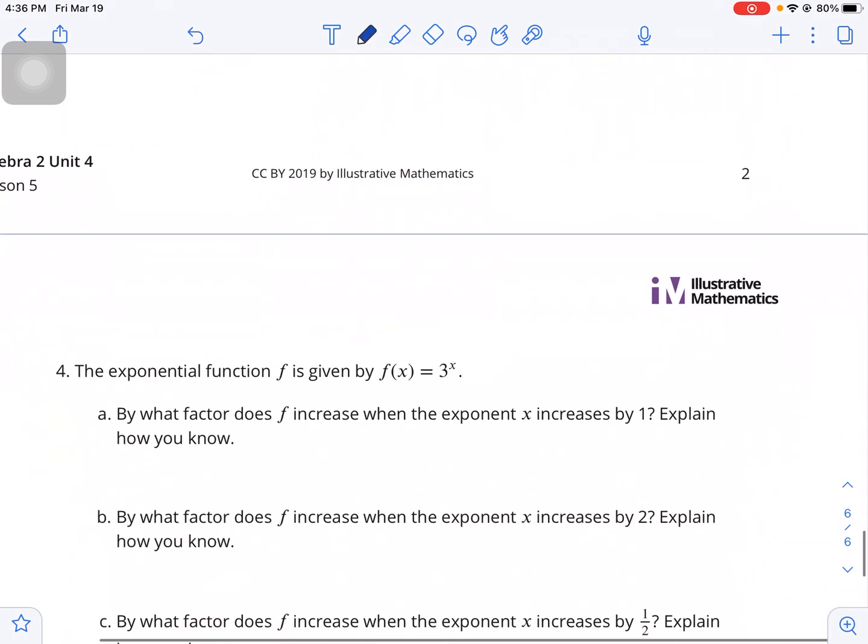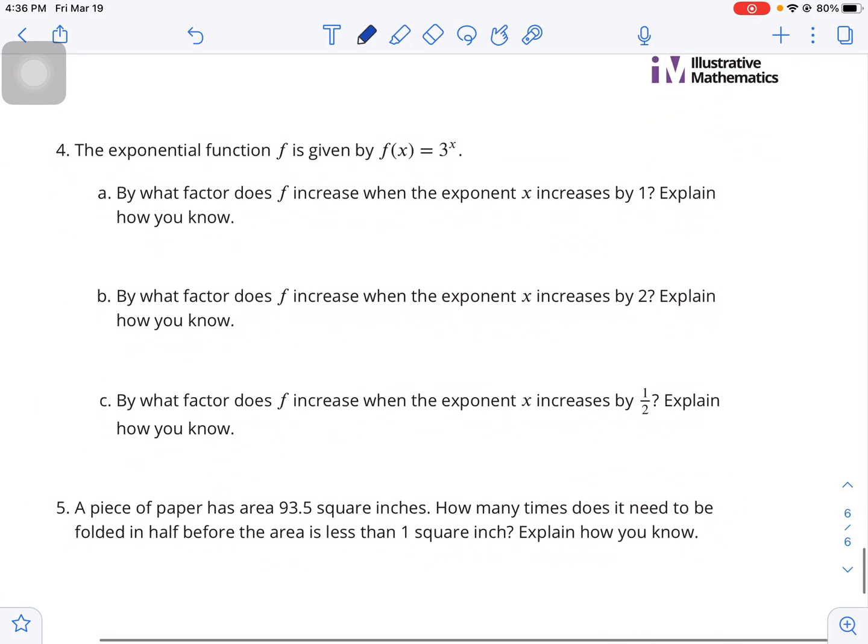Number 4, the exponential function is given by 3 to the x. By what factor does f increase when the exponent x increases by 1? So it looks like it increases by 3 then. So 3 to the first is just 3. By what factor does f increase when the exponent x increases by 2?